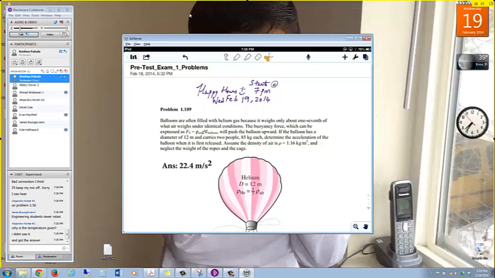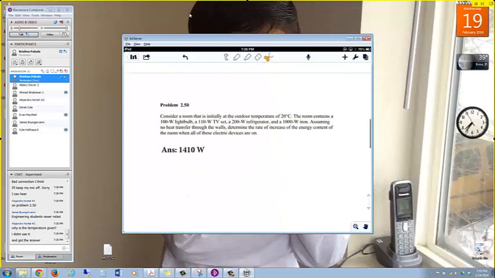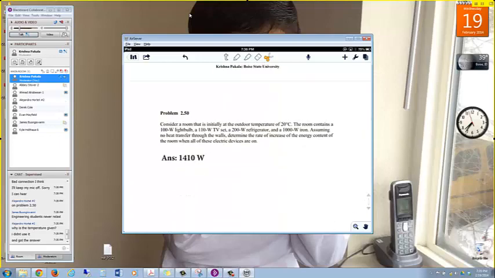I think the way I look at it is, instead of saying consider room initially at an outdoor temperature of T1 degrees centigrade, they just gave you some temperature. But the key there is that no heat transfer to the walls. So that's the key.